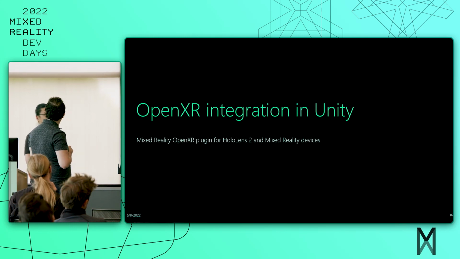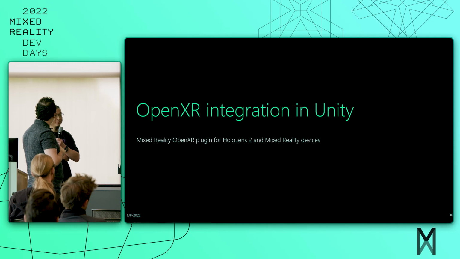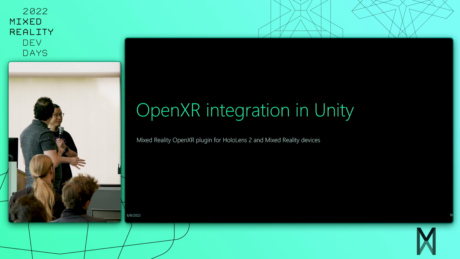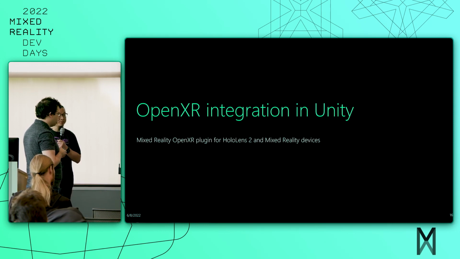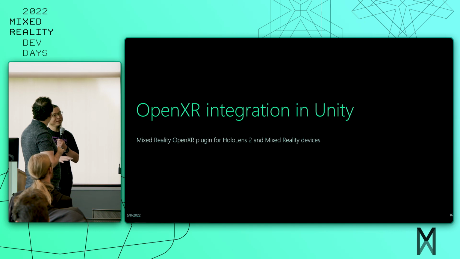Our goal is really to pave a way for all the developers who have existing content to have a path to move forward with the new platform. But some of those features, as Alex was saying, were carried over from the Holographic runtime a long time ago, and we didn't design a new set of APIs in OpenXR to get parity with them.